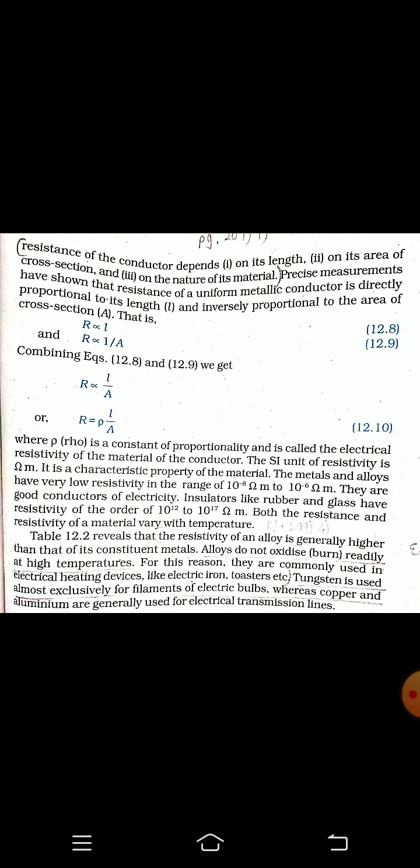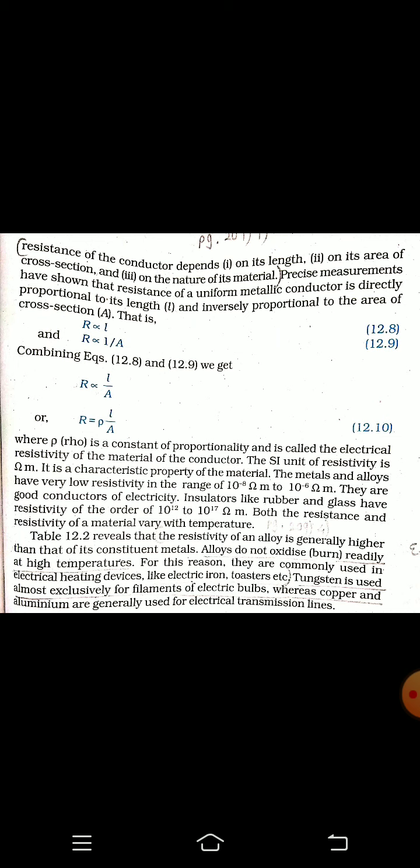Why is it written inversely? Now see equation 12.8, which is R proportional to L. This means when we have increased the length of the wire, what did we get? We got that the ammeter will show a decrease in the reading. That means electric current decreases.